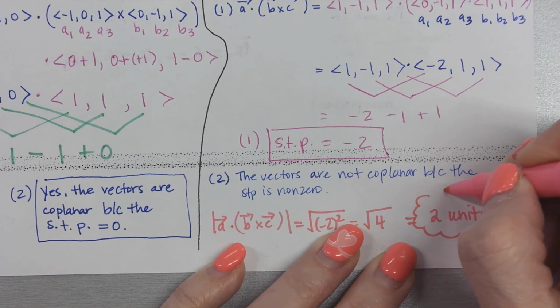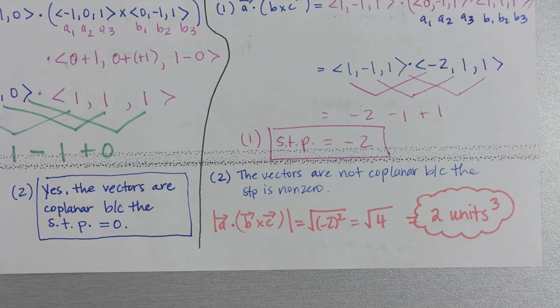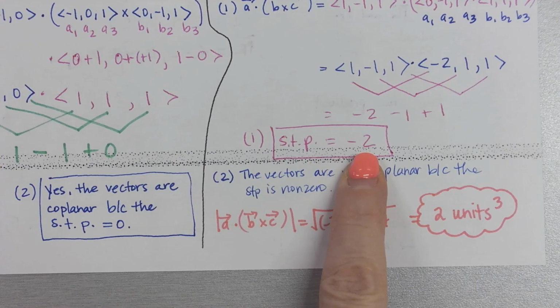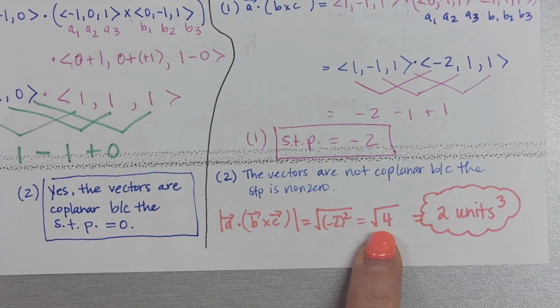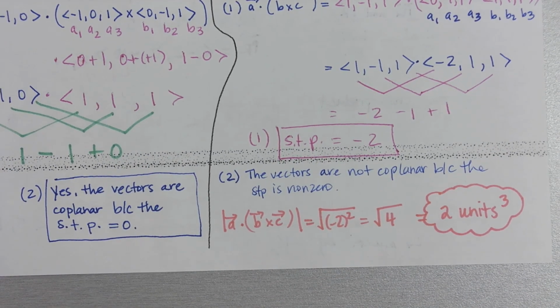So for number 2, your final answer should be 2 units cubed. -2 squared is 4, square root of 4 is 2. You're going to put your units cubed whenever you're finding the volume. You'd do units squared if it is the area. Alright, questions for me on that?